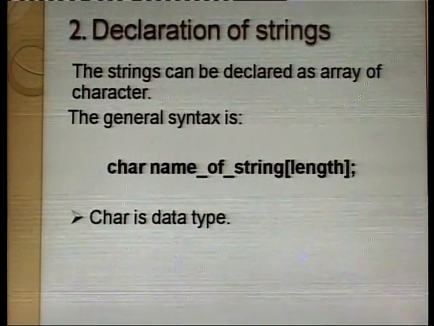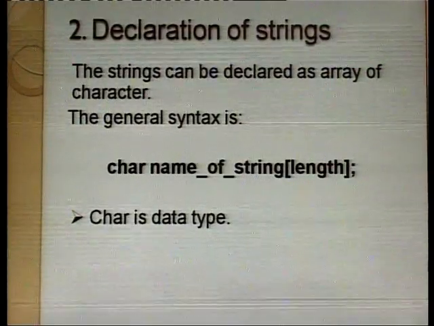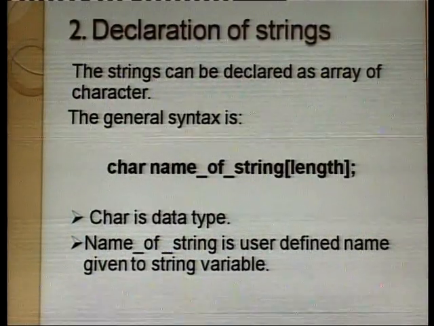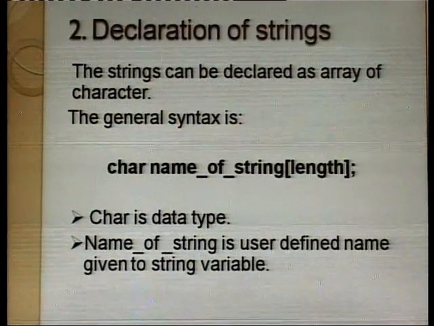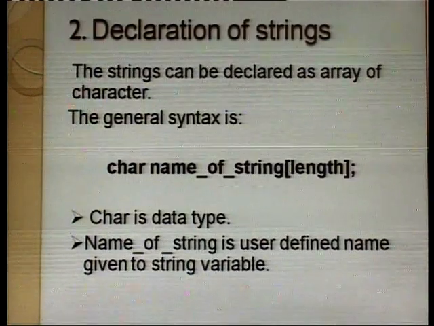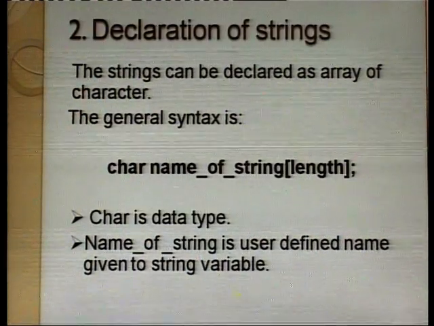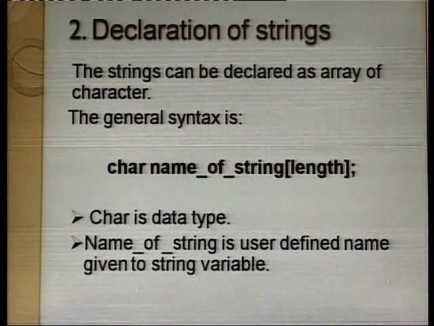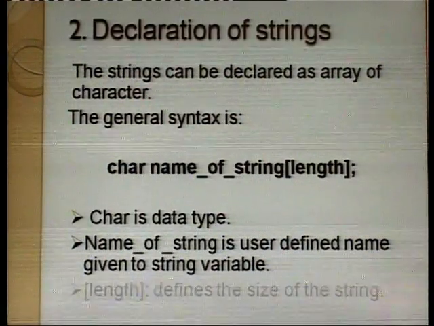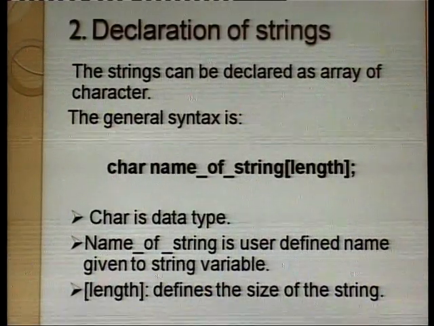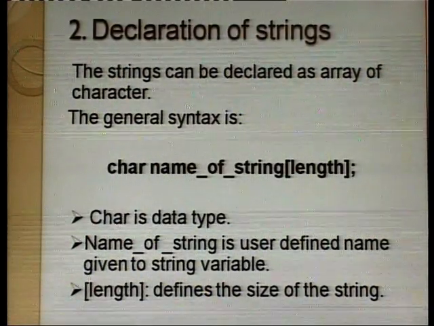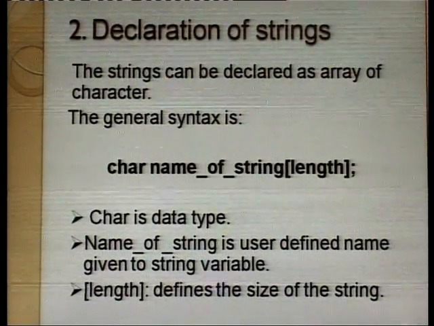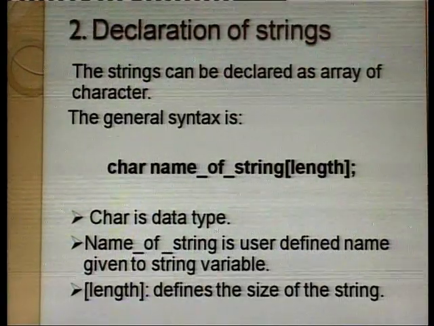Here char is a data type provided by C. Name of string can be any user defined name that can be given to a string variable, just as we declare variables. Length defines the size of the string variable. As I have already told, the null character shows the end of the string variable.